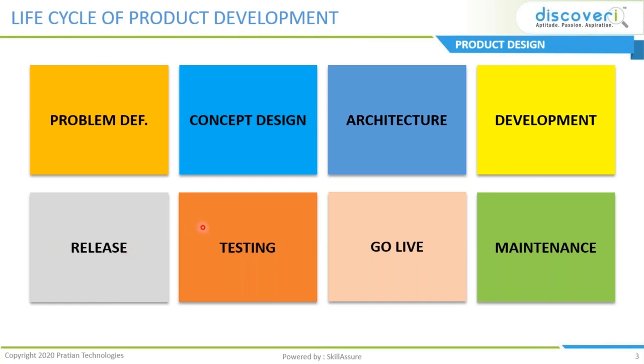The first phase of the release is the testing phase. In the testing cycle, the quality analyst plays a very critical role in testing the application and making sure the quality of the product is very high and there are no bugs or blockers in the application.